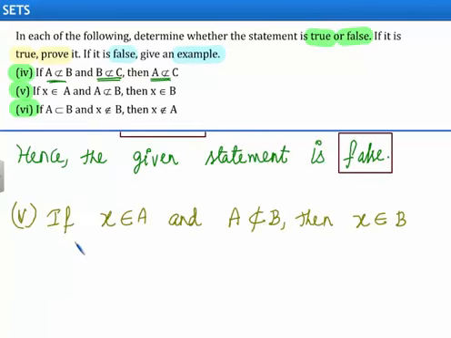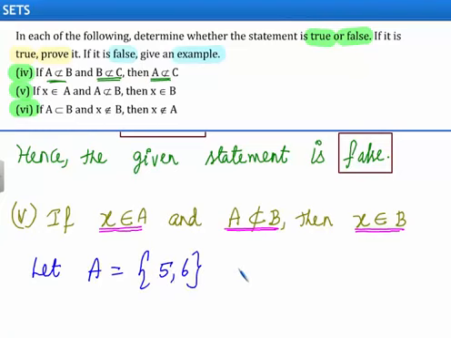In the next statement, we have if x belongs to A and A is not a subset of B, then x belongs to the set B. Let the set A be equal to {5, 6} and set B be equal to {7, 8}.